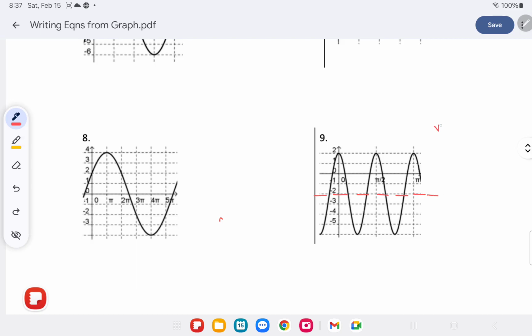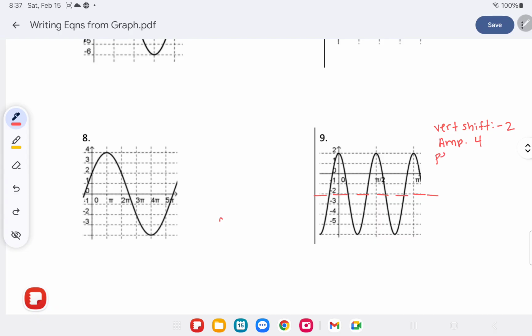So that means there is a vertical shift down 2. Our amplitude is 4 because we're going up 4 from that midline and down 4 from that midline.